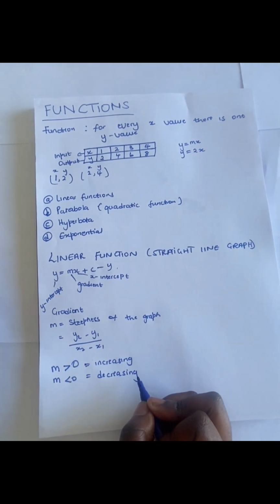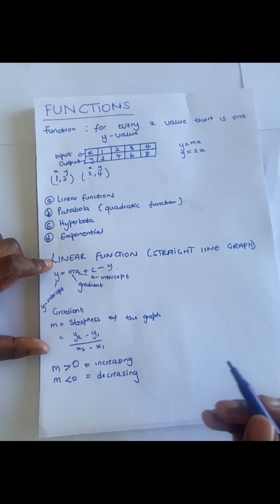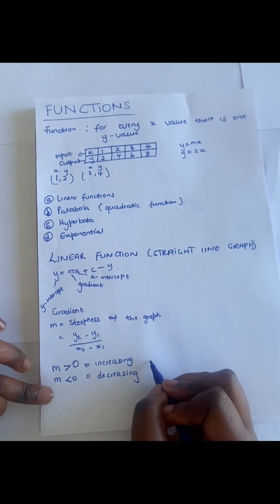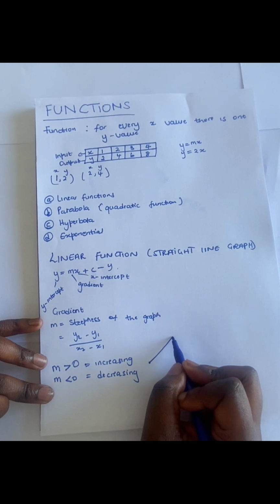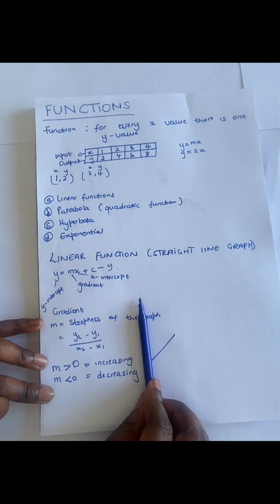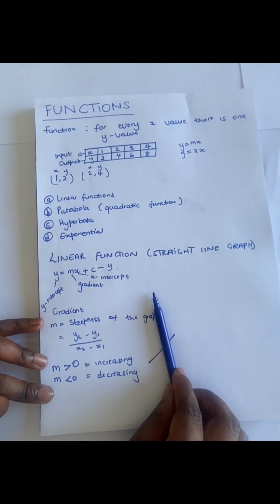Okay, all right, so how do you see if a graph is increasing or decreasing? Remember, you read from your left to right. By increasing I mean it will slant slightly to the right. So as you read from the left to the right, the graph is going upwards.